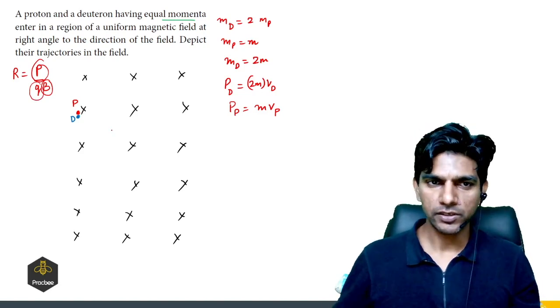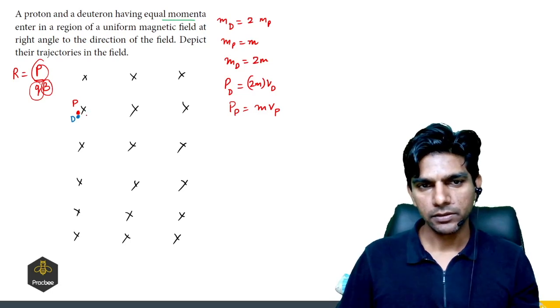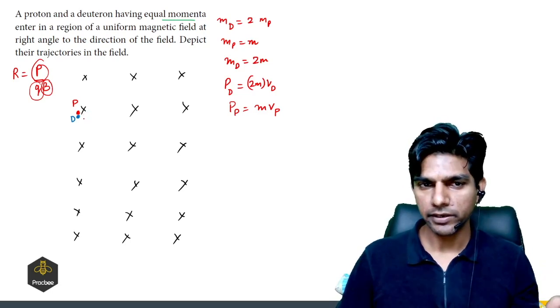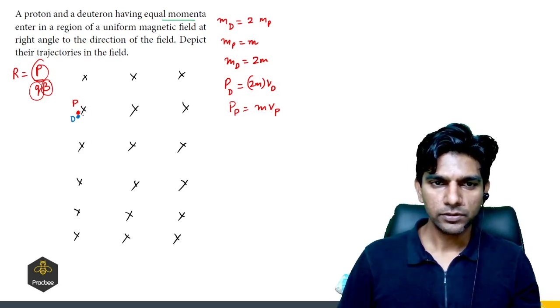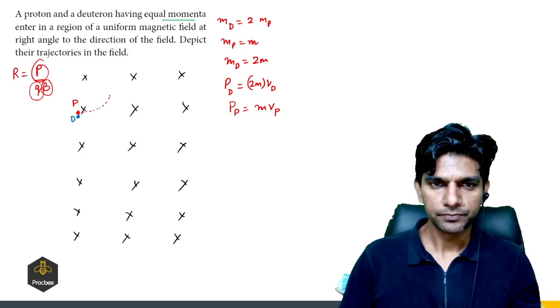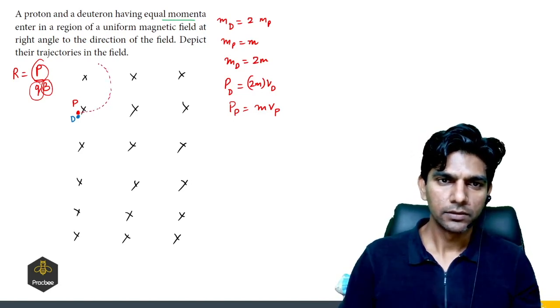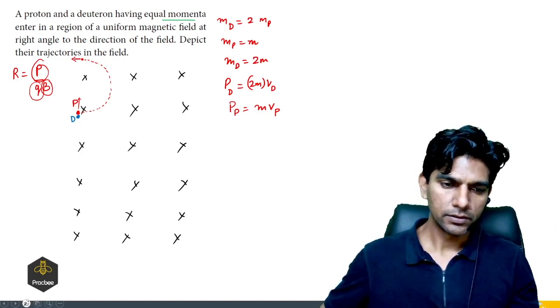Both are positively charged particles, so they will have the same radius. And if I show the force, both will experience force in the upward direction. So both will follow the same trajectory, right? Like this. So there will be a force in this direction, and this proton will come out after completing a half circular path.